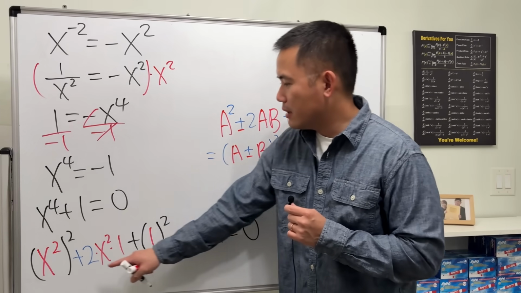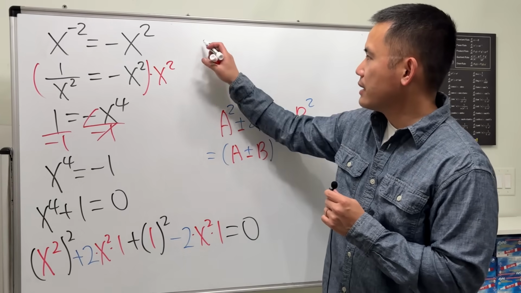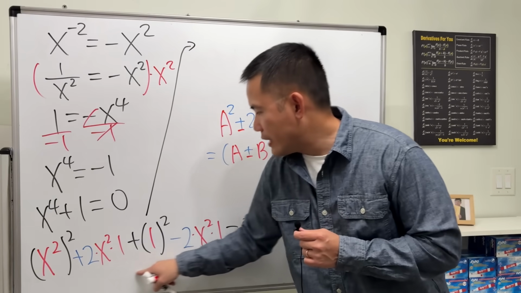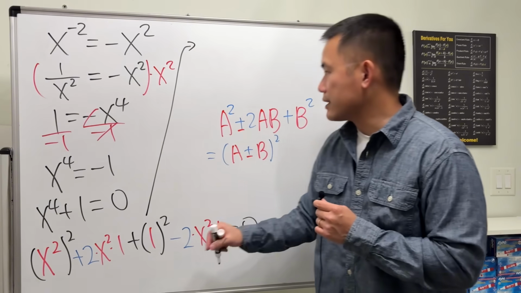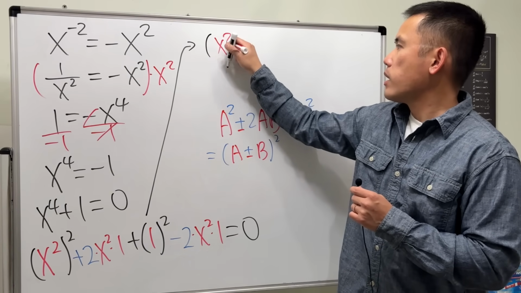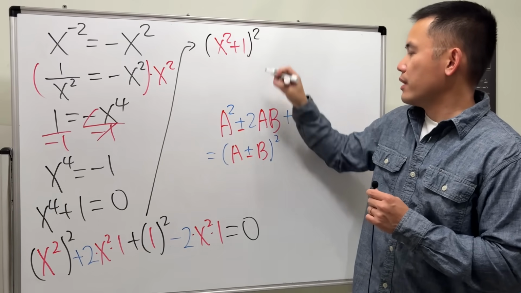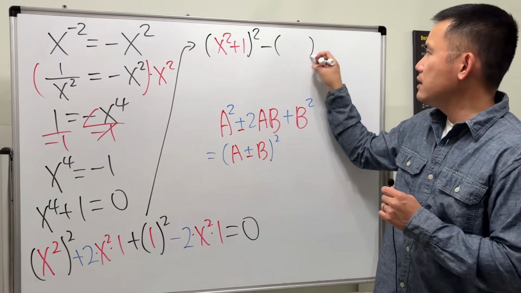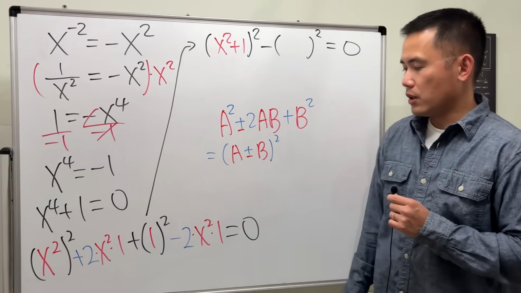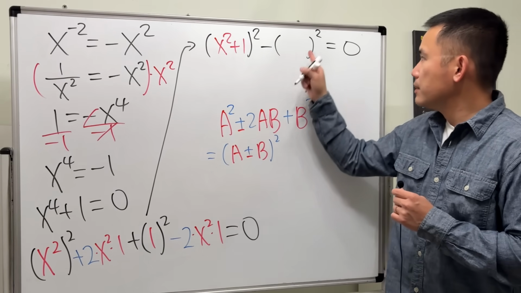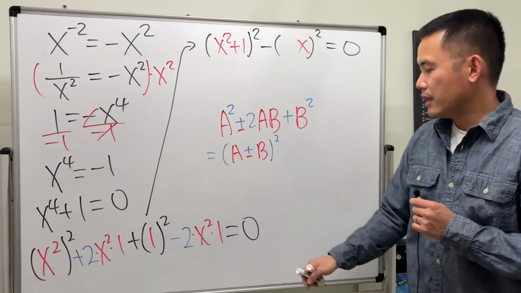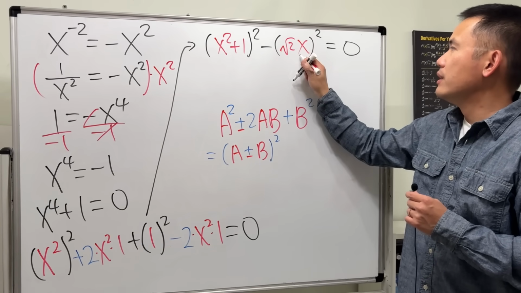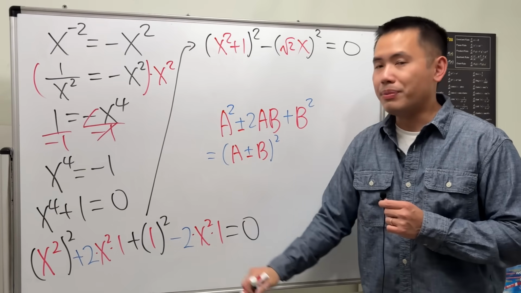So ladies and gentlemen, this right here, we are going to get, just kind of extend it right here. All that is just x squared plus 1, and then squared. But for this, I will have a minus, parentheses, something squared, that's equal to 0. x put in here, that's x squared. For the 2, I will have to put square root of 2, so that when I square that, I get the 2 back.